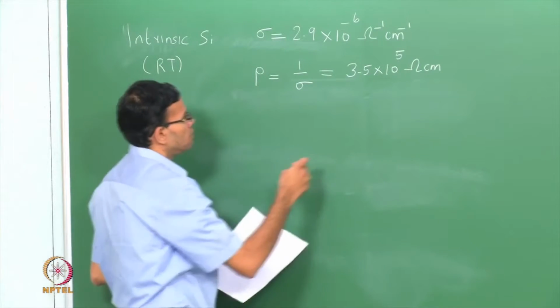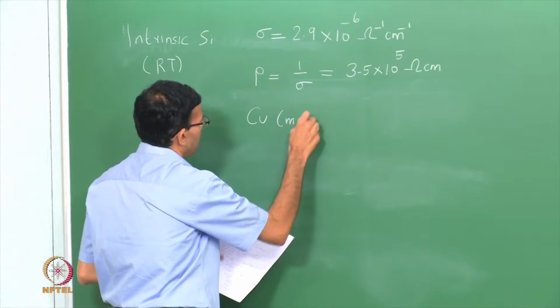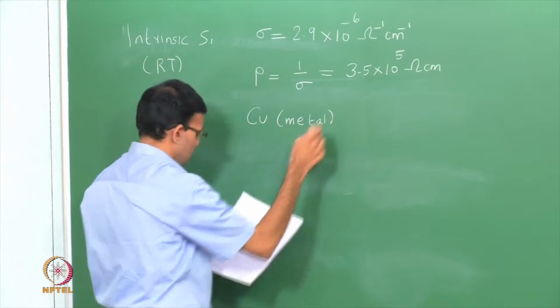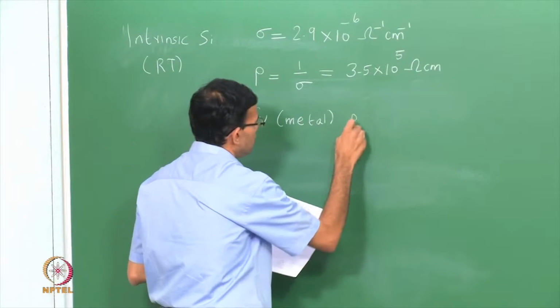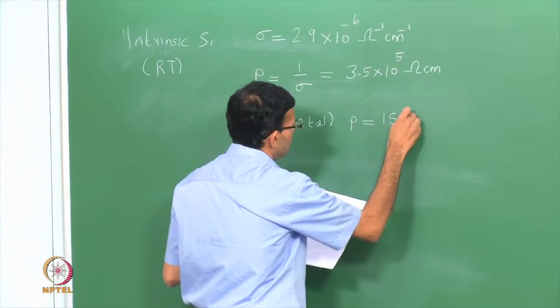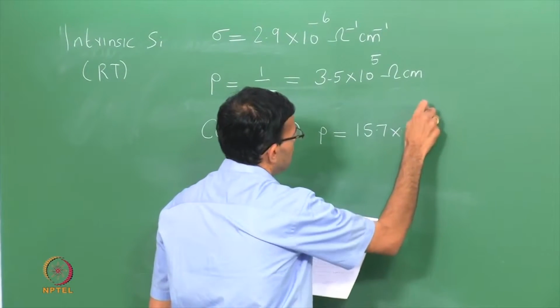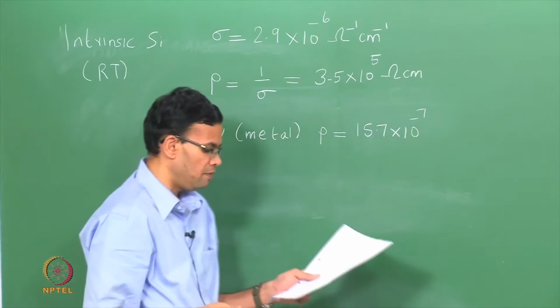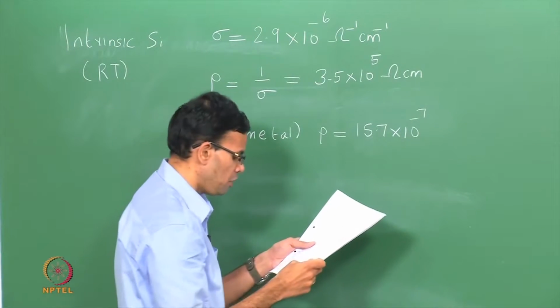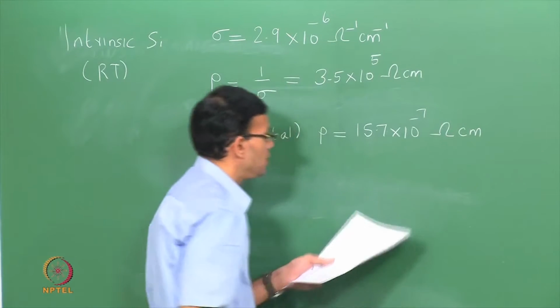Just to compare, if you have copper which is a metal, the resistivity rho is approximately 15.7. We saw this in the first class when we wrote down resistivities for different elements. So, rho is 15.7 times 10 to the minus 7 ohm centimeter.